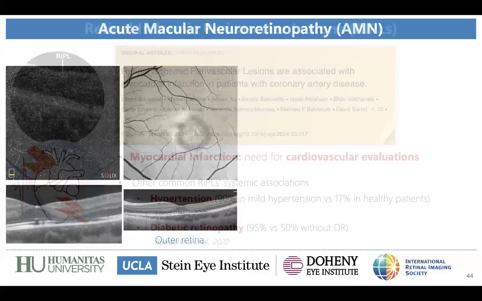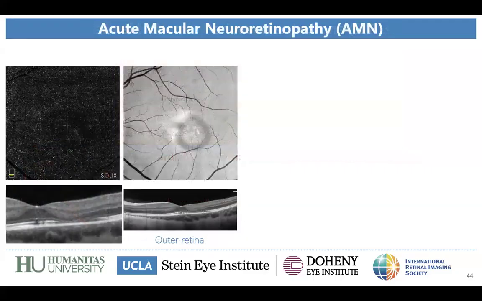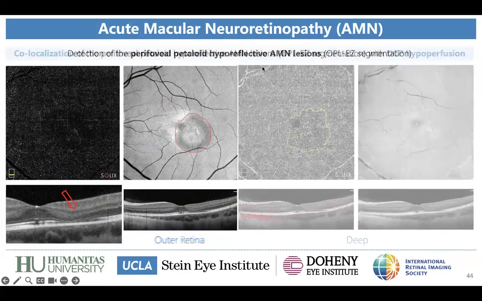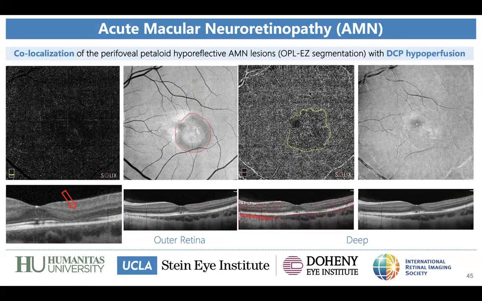in this non-invasive way. Another example of the application of alpha-OCT is the detection of the typical perifoveal petaloid hyperreflective lesion in the context of acute macular retinopathy, and also for the colocalization of this lesion with deep capillary plexus hypoperfusion, correlating these slabs at the level of the outer retina with the deep alpha-OCTA slabs.